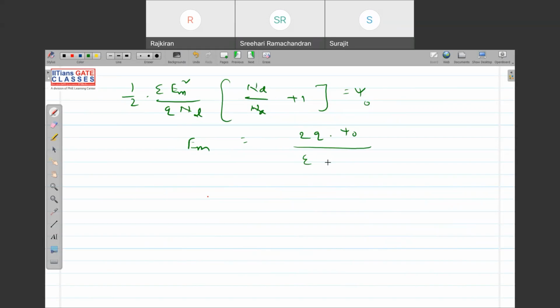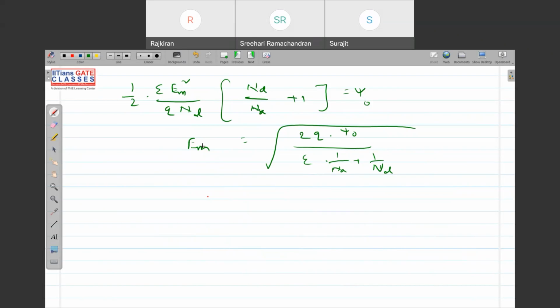Nd goes to this side, so Nd gets cancelled. See what happened? 2q psi 0 over epsilon, times 1 by Na plus 1 by Nd. Clear? So this is my maximum electric field.